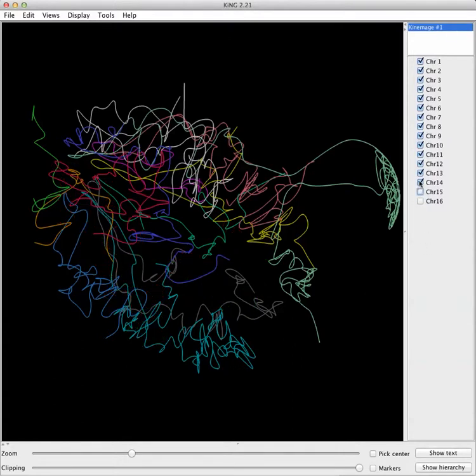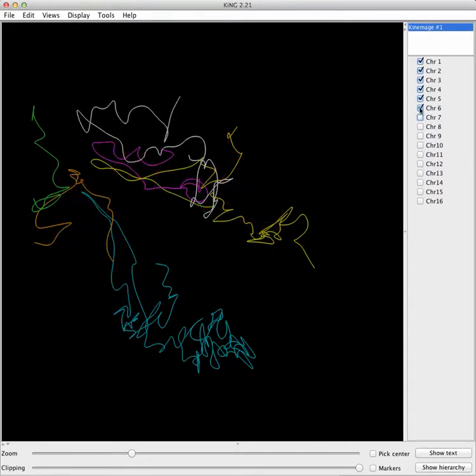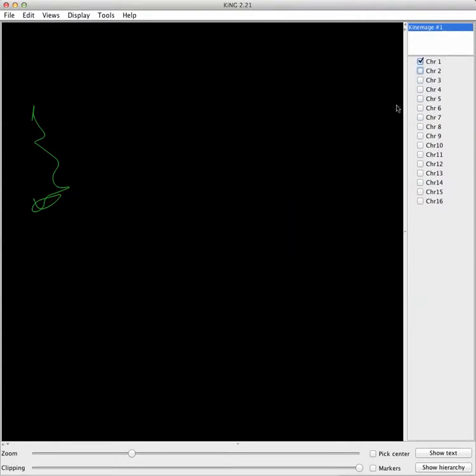So I'll turn off each of these chromosomes in turn, and you see how it's getting simpler and simpler. Then we'll go back and look. So here's chromosome 1, and it has a particular shape, and it's a sort of unresolved shape.